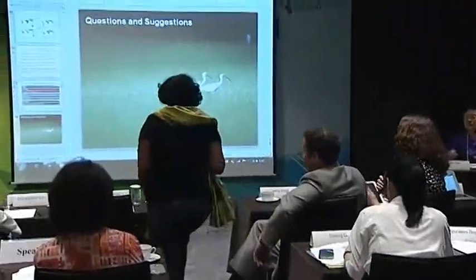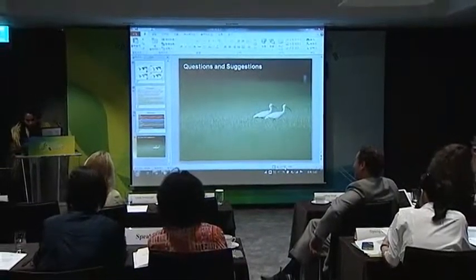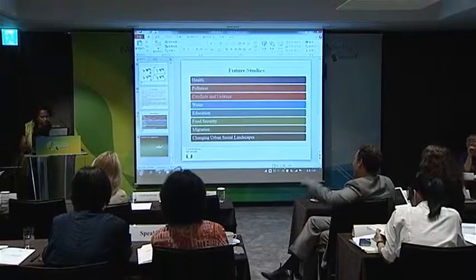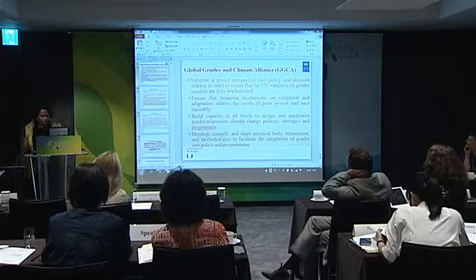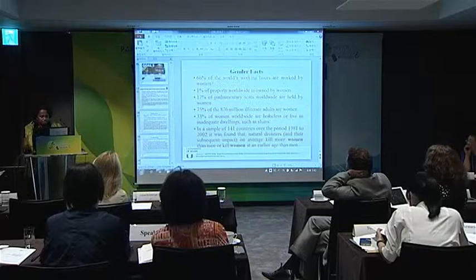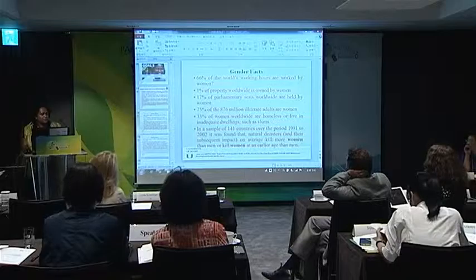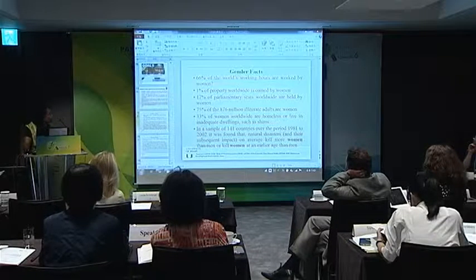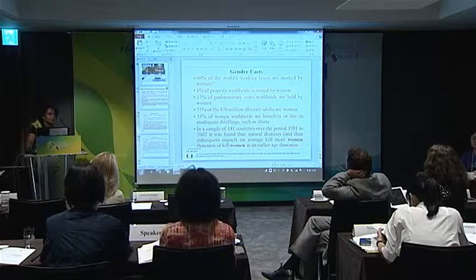Actually, there are a greater percentage of women who are below the poverty level. There is, in the gender facts slide, as you can see, 1% of properties worldwide owned by women, 33% of women worldwide are homeless.